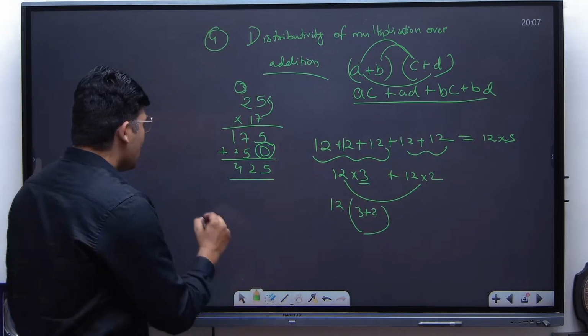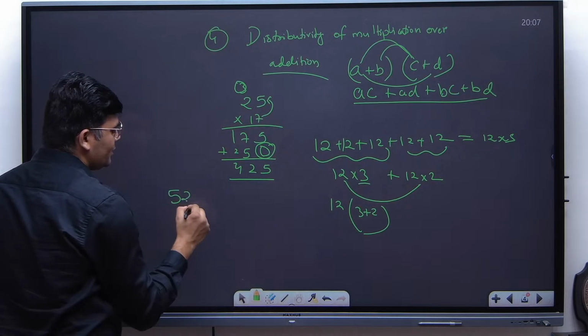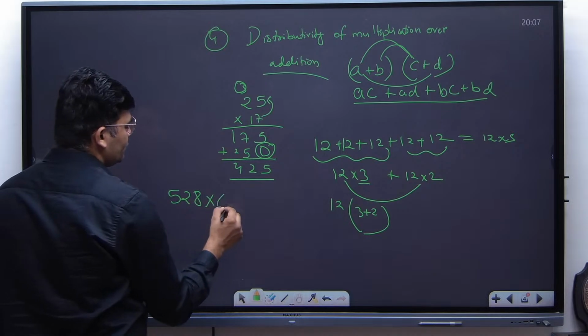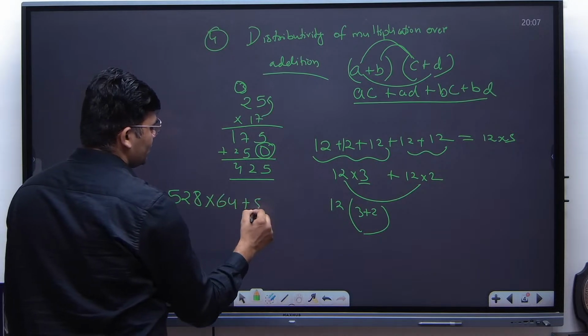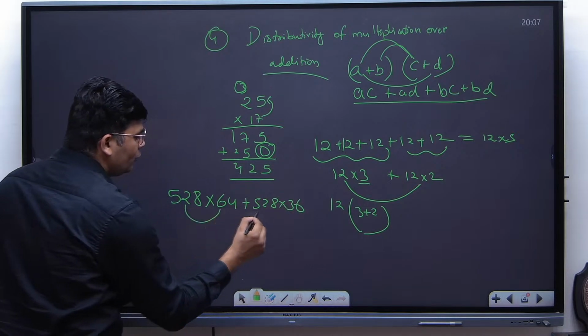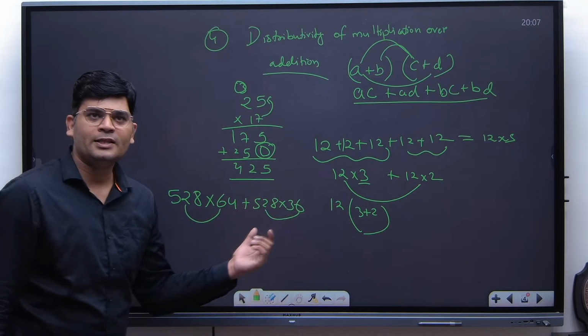Now let us take one more example of its use. Suppose somebody asks you 528 into 64 plus 528 into 36. Do we really need to multiply these two separately and then add?